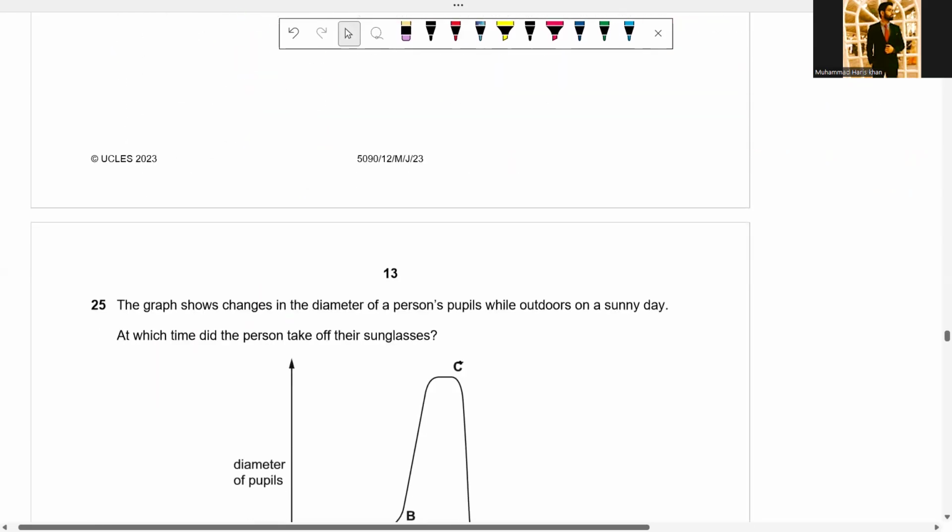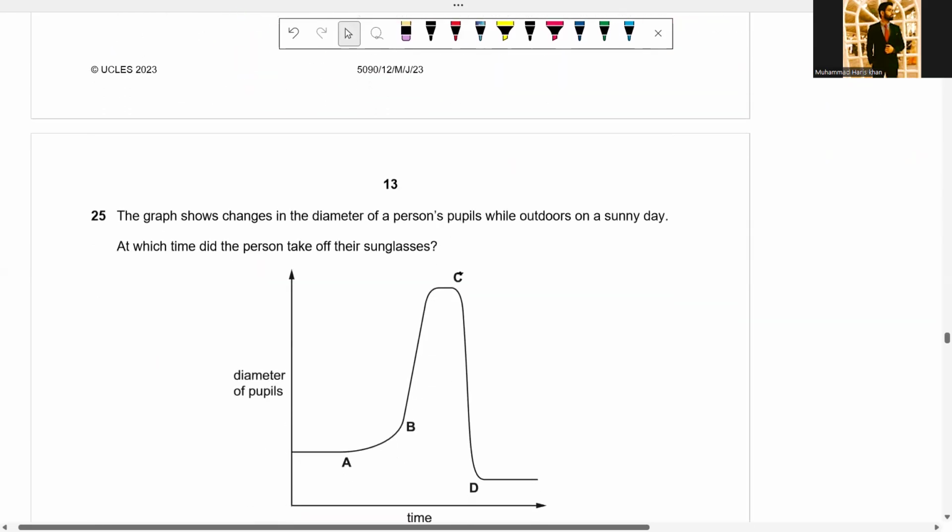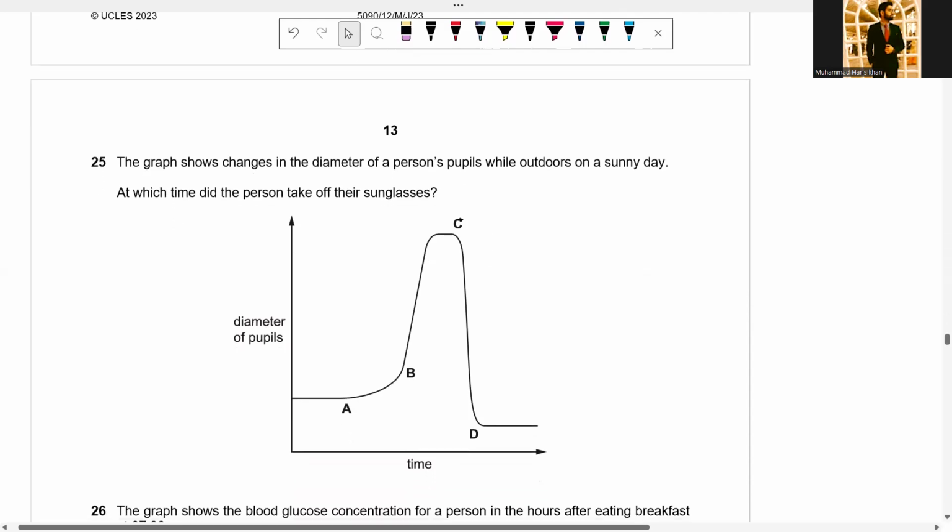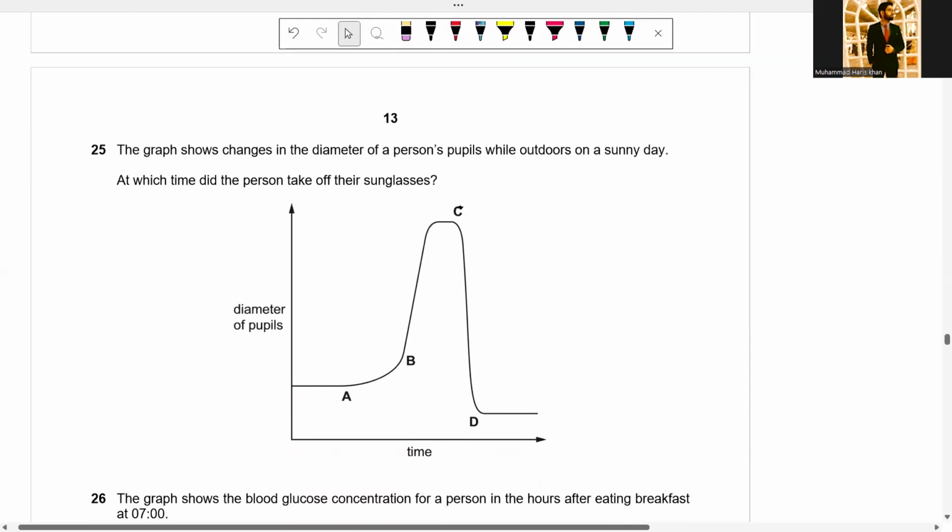Then question number 25, the graph shows changes in the diameter of a person's pupils while outdoors on a sunny day. At which time did the person take off their glasses? Diameter of the pupil will be enlarged, and the person will take off the sunglasses.